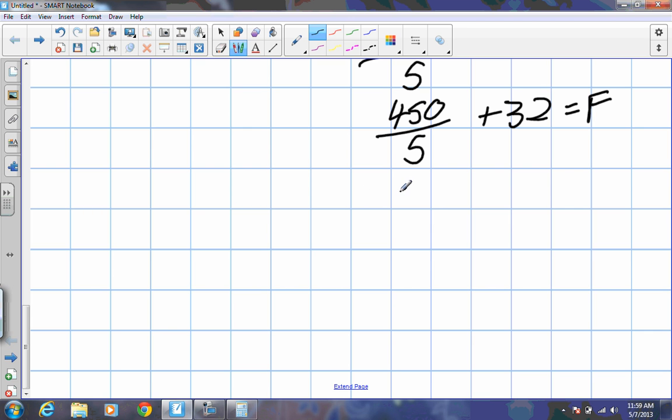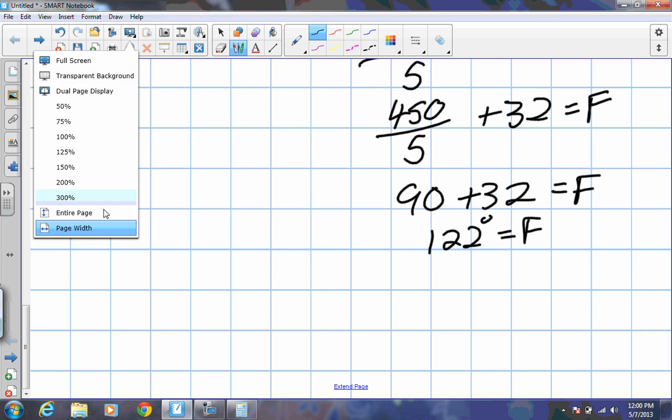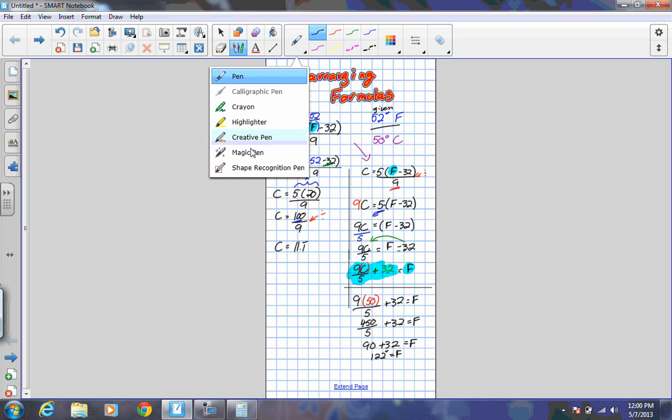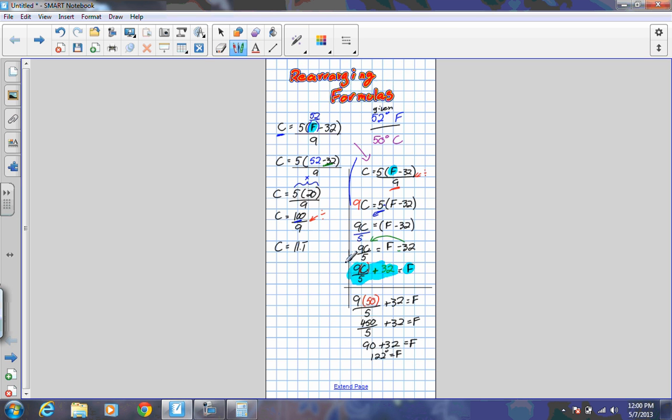Good. Plus 32 will give us our Fahrenheit. What is it? That's right. That's 122 degrees Fahrenheit. Okay. The very important thing, what I wanted you guys to take from this, is the rearranging. This second part we did here is really what we need to focus on today. When we are rearranging an equation to be equal to a different variable.